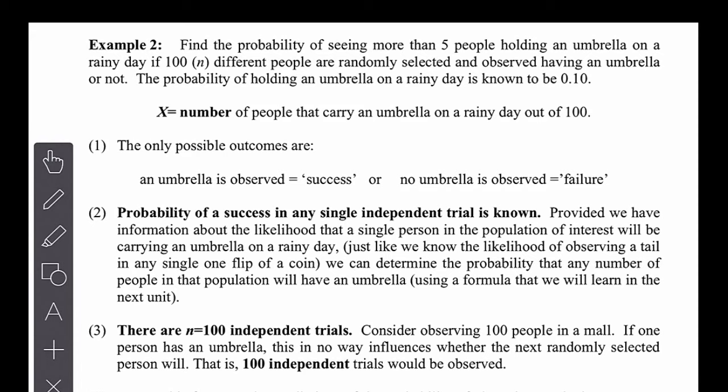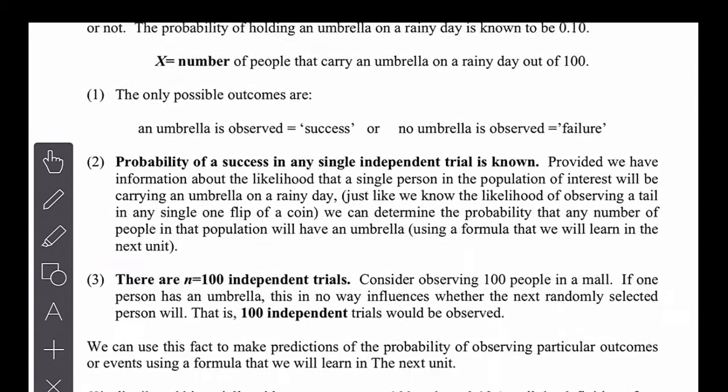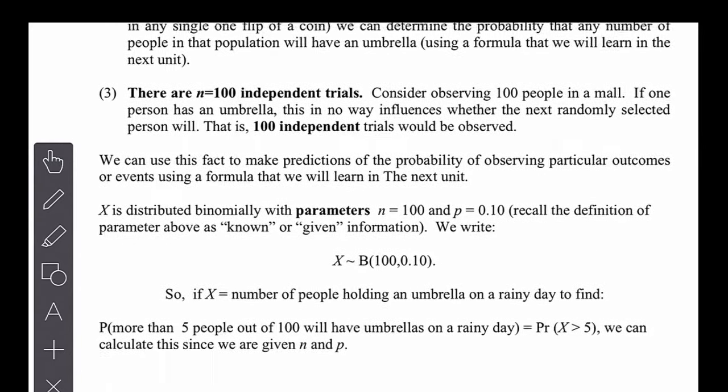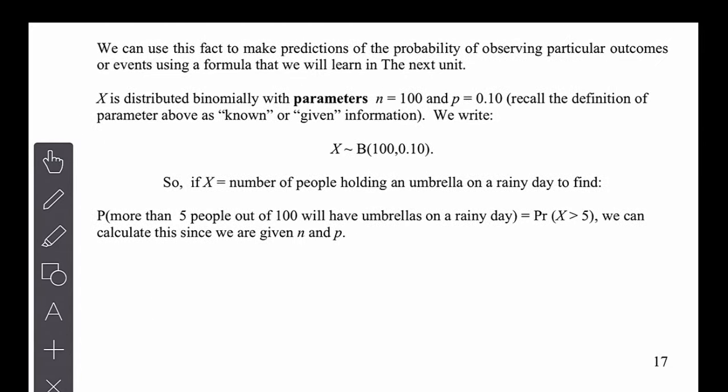And do we know the number of trials? Yes, I'm going to observe 100 people. Okay, so in that case, the parameters are 100, my sample size, and the probability of a success is 10%. So x is distributed binomial 100, 10%.